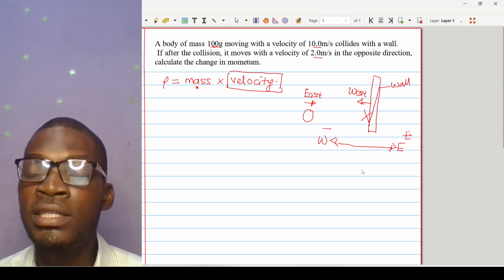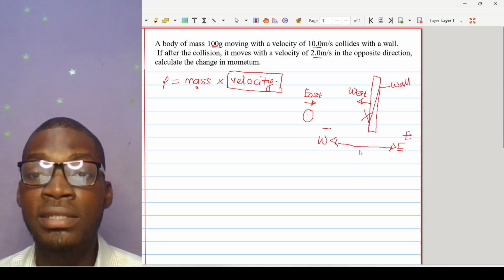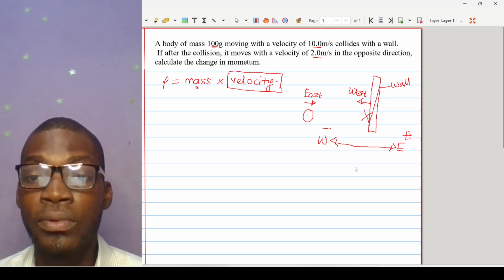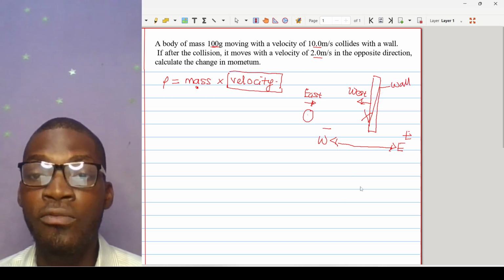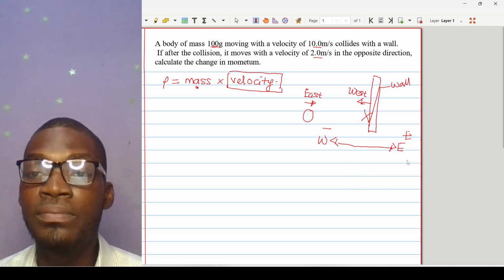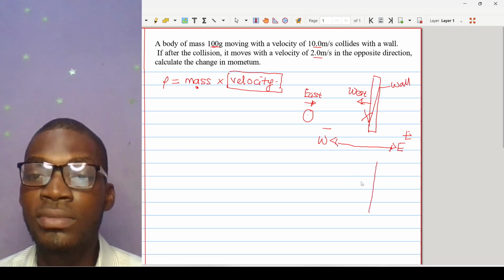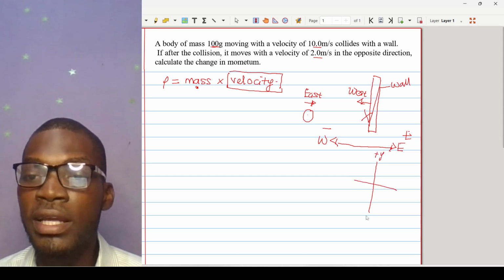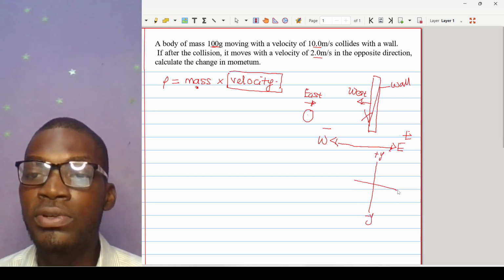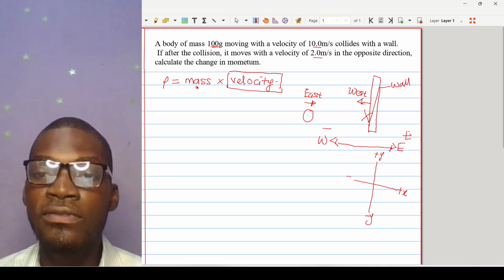So you are imagining your Cartesian plane that has four cardinal points, your positive y-axis and your negative y-axis, your positive x-axis and your negative x-axis.